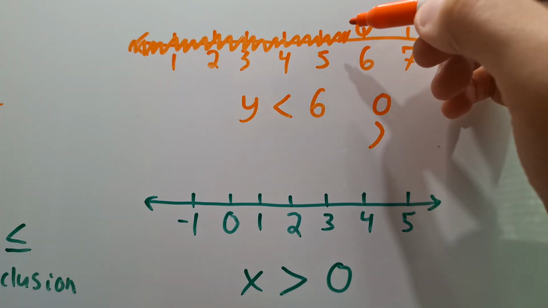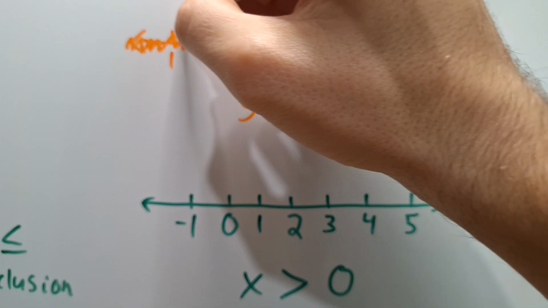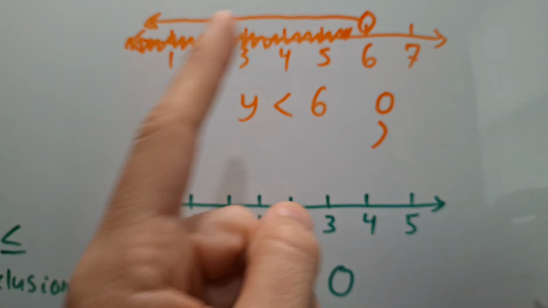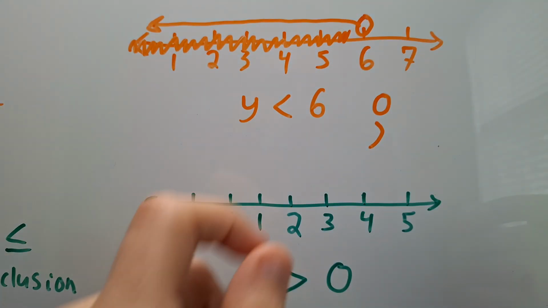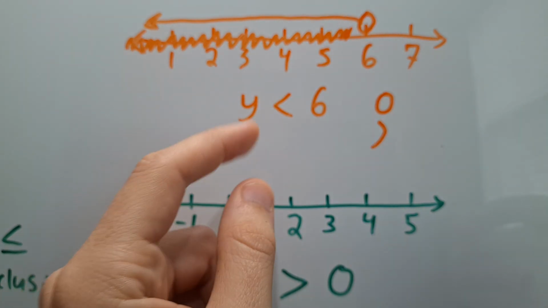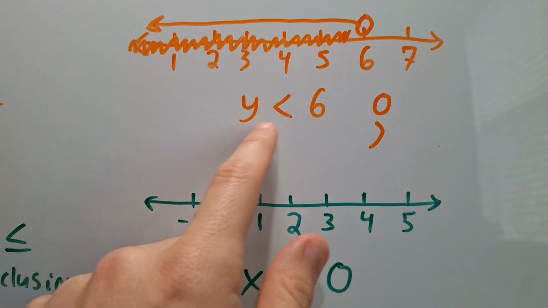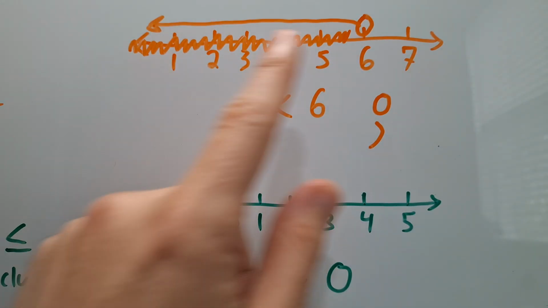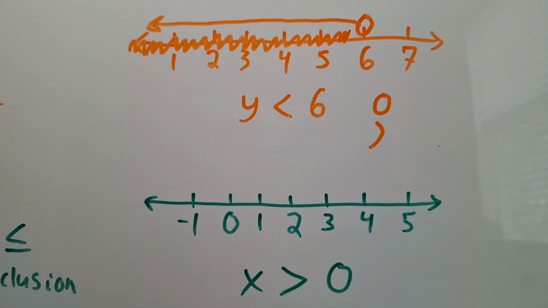Another way to represent the solution is to draw an arrow to indicate the solutions for this inequality. Typically, the arrow is the more popular part, I would say, the better representation for showing the solutions to this inequality. So y is less than 6. All values that are less than 6, not including 6, is a solution to this inequality.